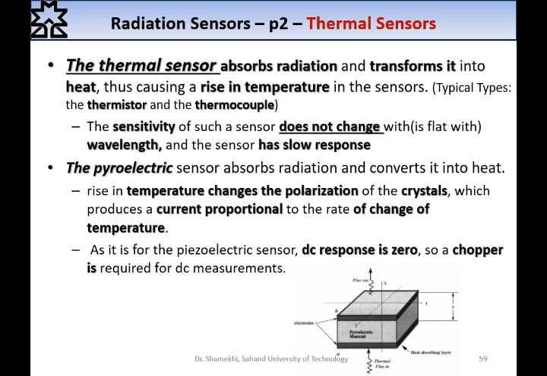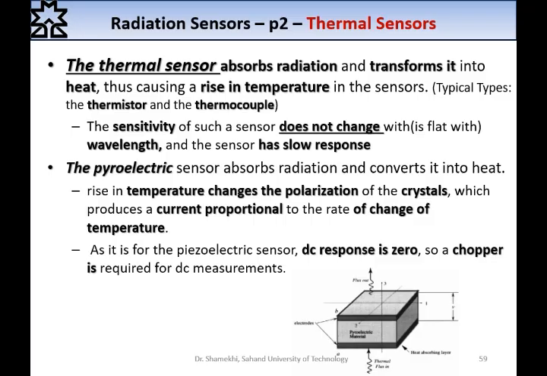We transform the radiation into heat, and after that we can measure the heat related to that radiation power, and based on this temperature we can determine the power of that radiation. Thus the rise in temperature in this sensor is the main index of the radiation power.